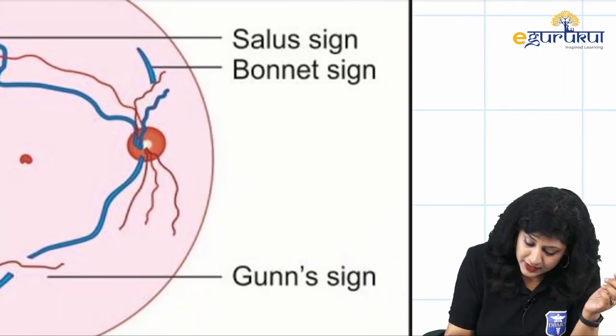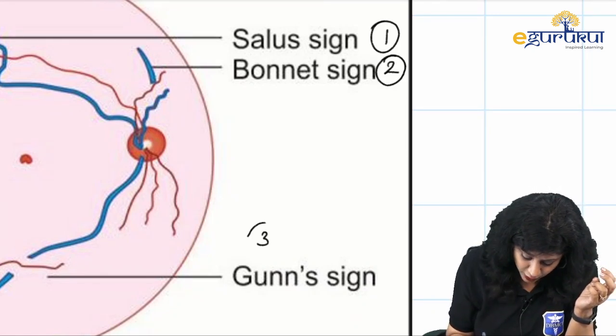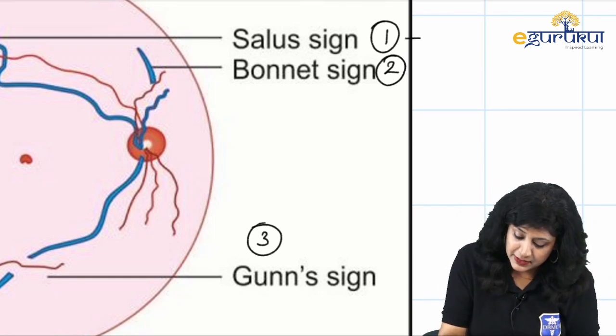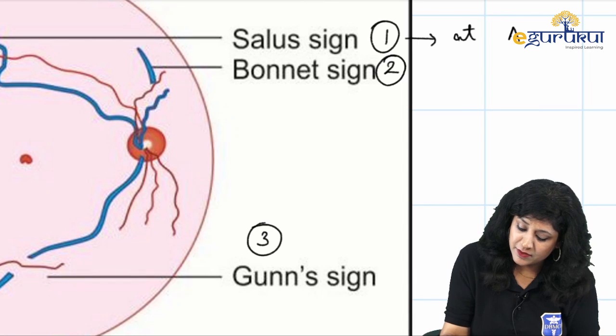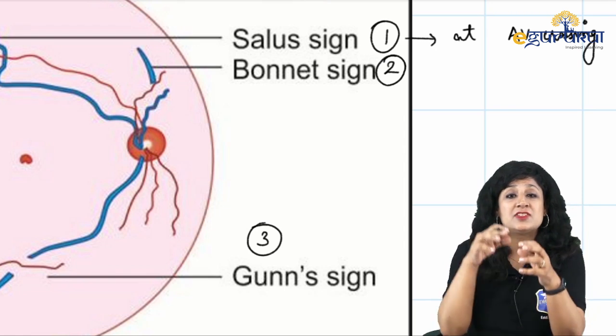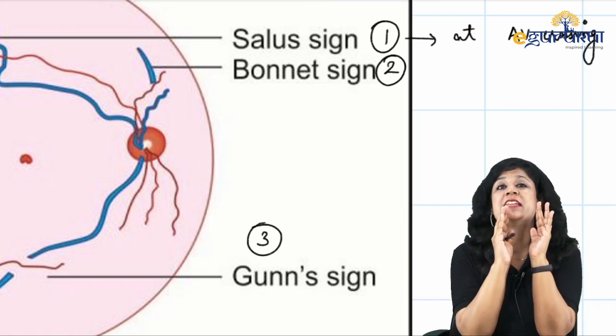One is the Salus sign, then we have the Bonnet sign, and then we have the Gunn sign. So the Salus sign will be at the AV crossing. It is at the AV crossing, meaning if the deflection of the vein is taking place just where an artery and a vein are crossing each other, that is called the Salus sign.